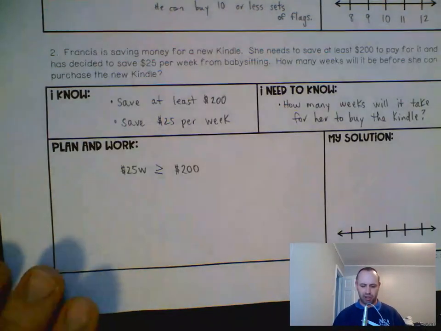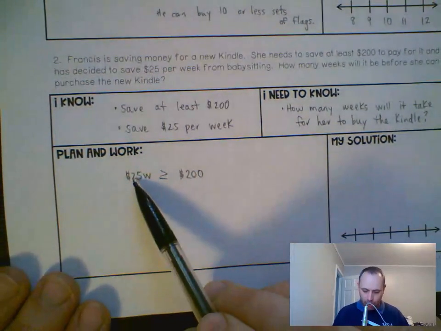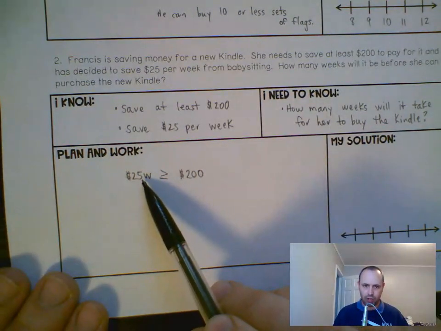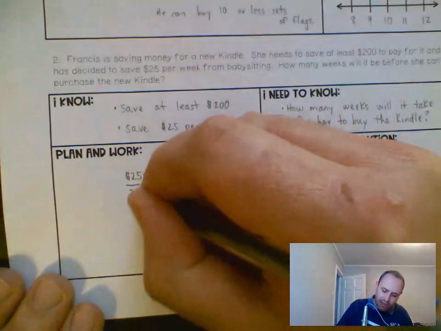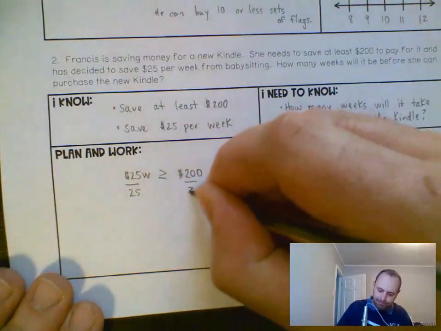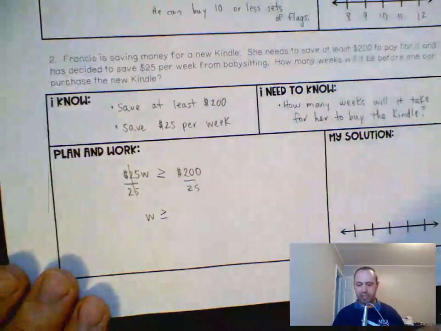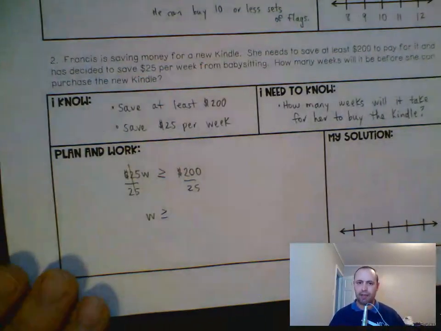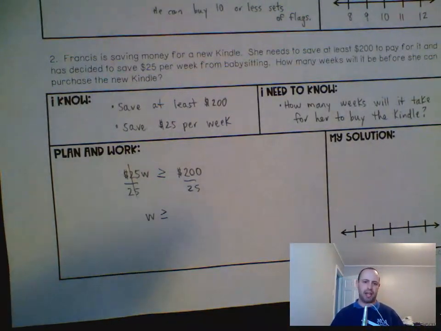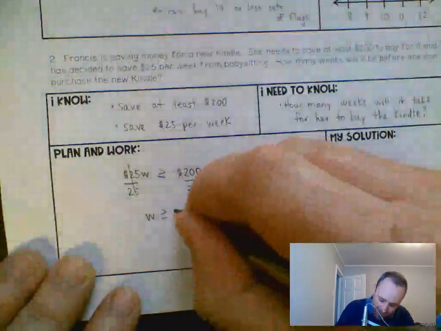Okay, to solve this one, 25 times W, to get rid of that we have to divide both sides by 25. So W is greater than or equal to, well, I know 25 goes into 100 4 times, so it must go into 200, 4 plus 4 more, so that must be 8.